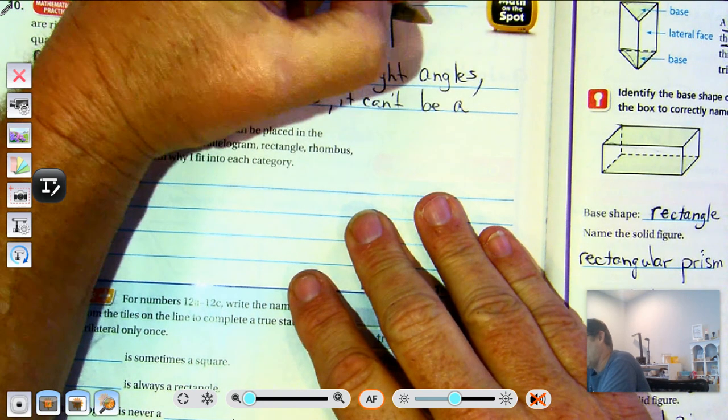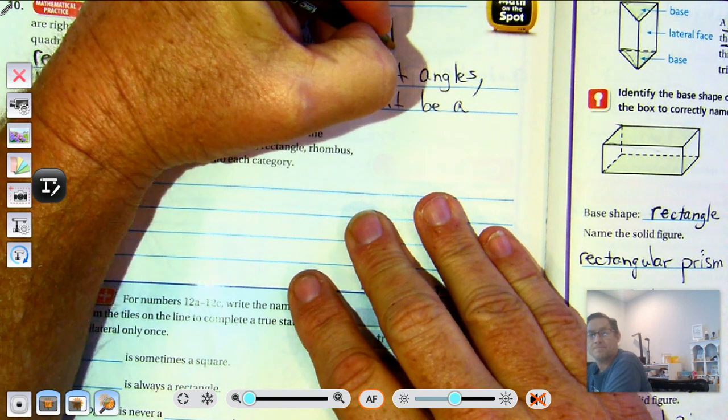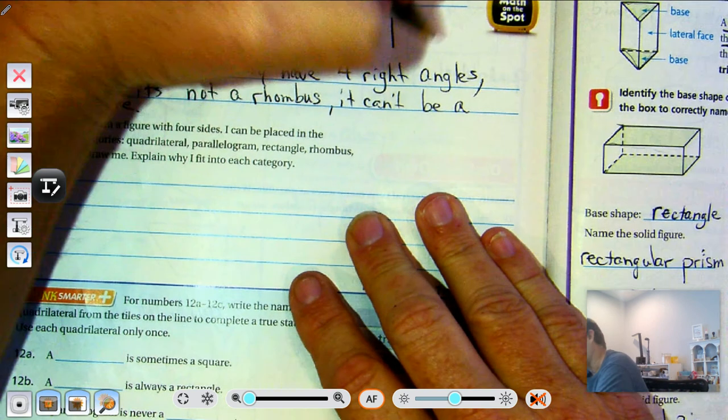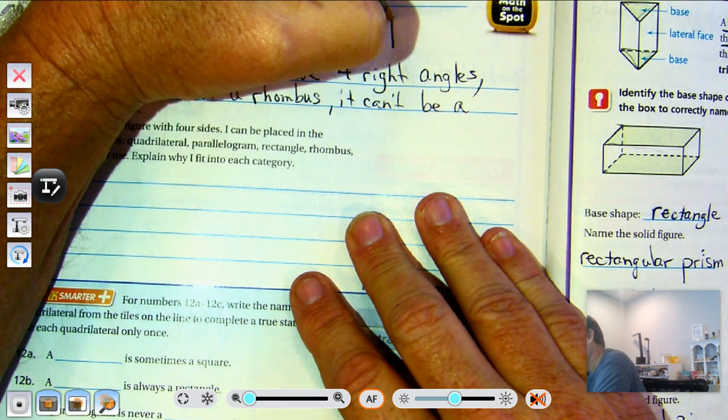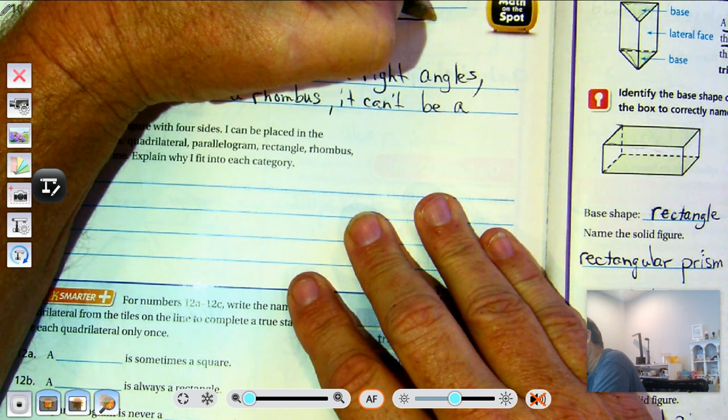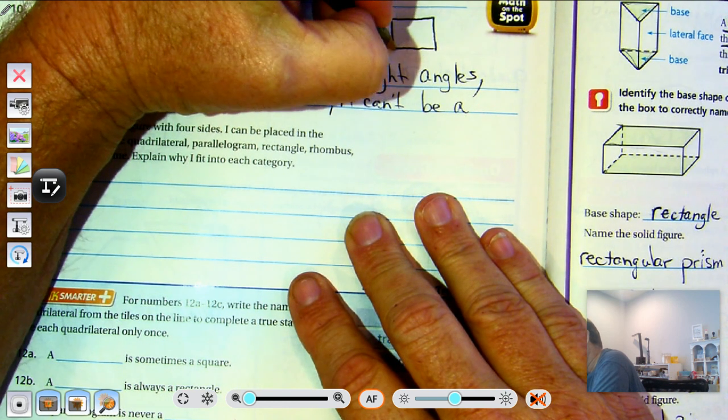So the opposite corners, sorry, are right angles.